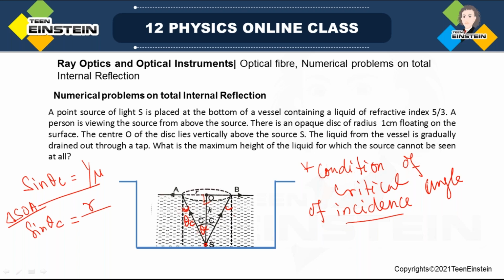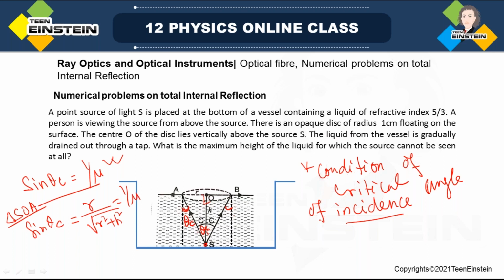So this is the hypotenuse for this triangle, given by the square root of r square plus h square. So you got this as sin theta c, but you already have sin theta c is equal to 1 by mu. So you can equate it to 1 by mu.